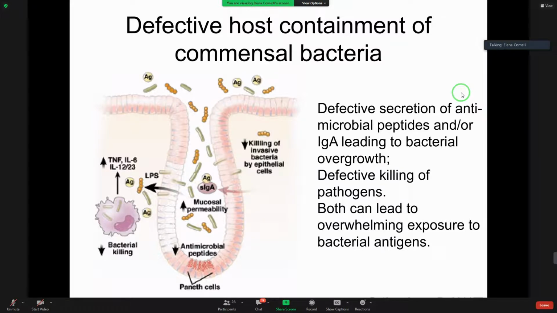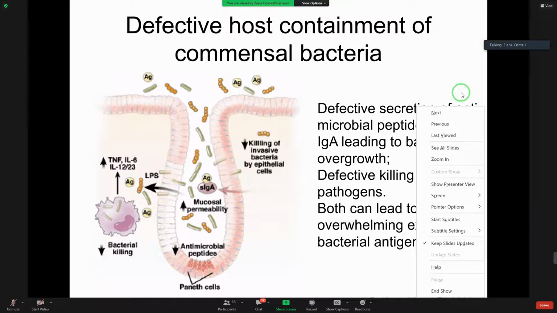For example, this could be the result of defective secretion of antimicrobial peptides or IgA that would result in bacterial overgrowth. And if there is bacterial overgrowth, there may also be a defective killing of pathogens, and both can lead to an increase in the bacterial antigen load and therefore a diminished capacity of the host to handle this complex microbiota.